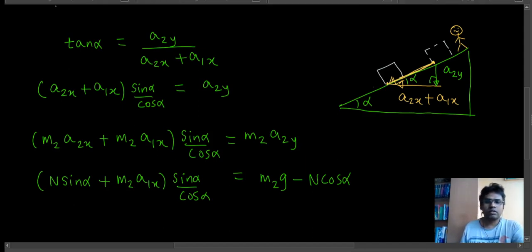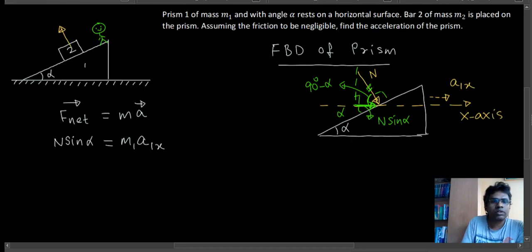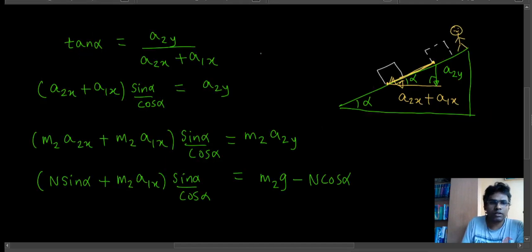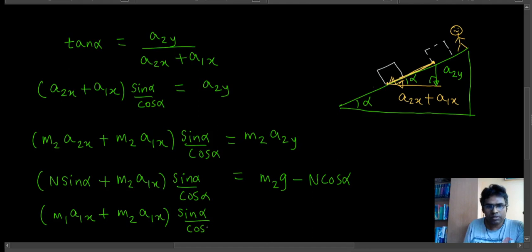If you look at the first equation, we have n sine alpha as m1 into a1x, which we can use here. So n sine alpha is m1 into a1x plus m2 into a1x multiplied by sine alpha upon cos alpha.